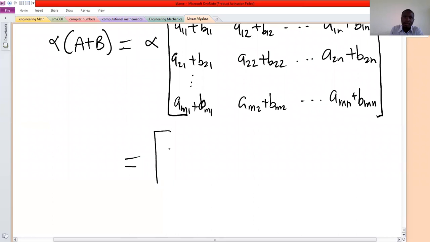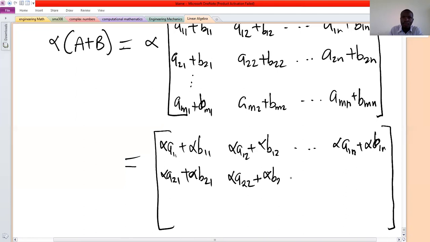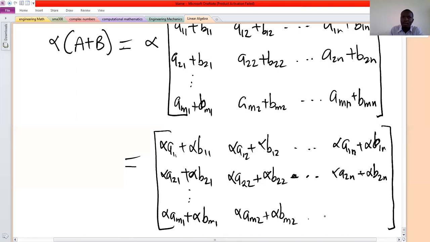So we'll have alpha A11 plus alpha B11, alpha A12 plus alpha B12, up to alpha A1n plus alpha B1n, alpha A21 plus alpha B21, alpha A22 plus alpha B22, all the way to alpha A2n plus alpha B2n, then alpha AM1 plus alpha BM1, alpha AM2 plus alpha BM2, up to alpha AMN plus alpha BMN.